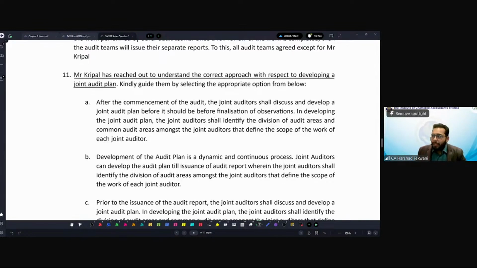Now you tell me whether they are required to develop a joint audit plan fully at the start or one by one as and when they grow into the process. So should they finalize the scope of the work fully at the start of the audit, or gradually as they progress the audit?